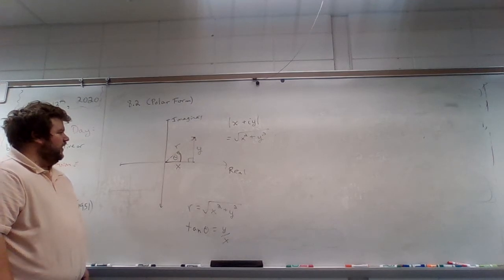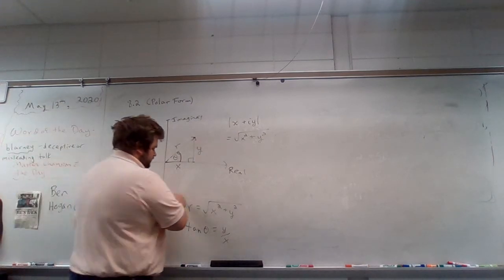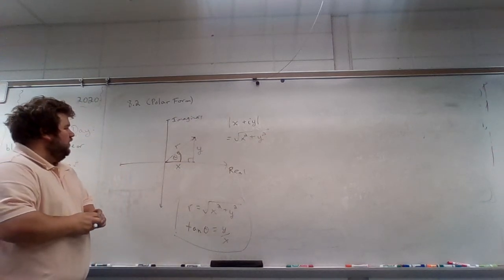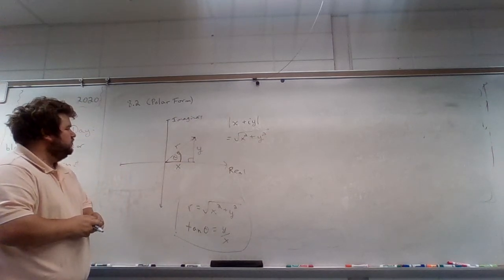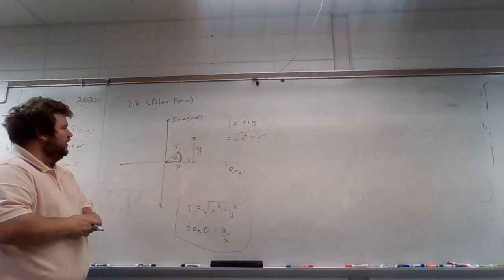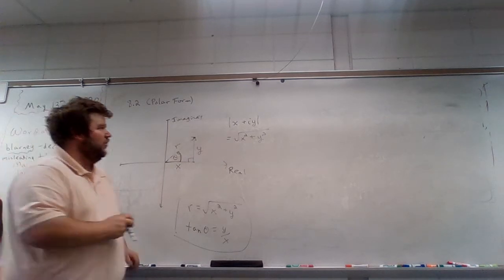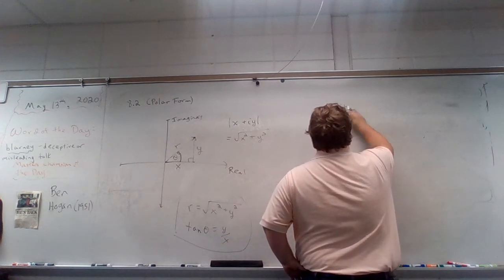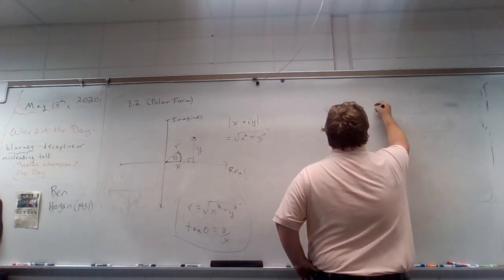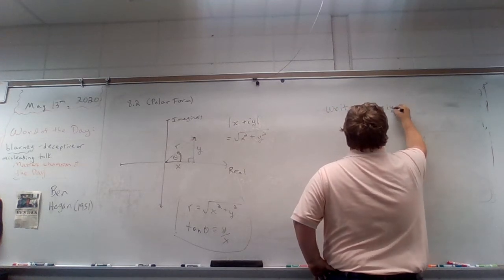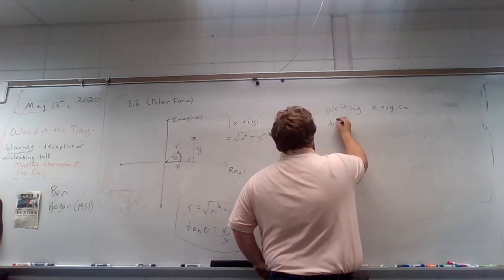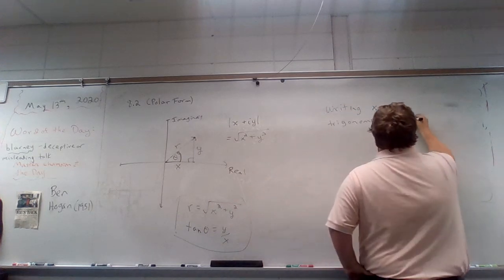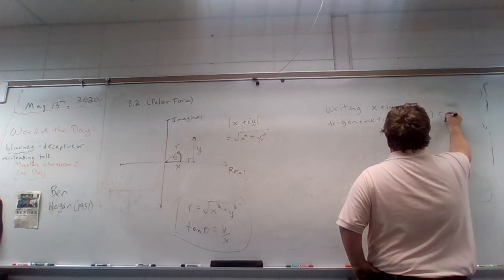Okay, the other thing is, when I have this complex number, I want to talk about writing x plus iy in trigonometric or polar form. So what do I mean by that?